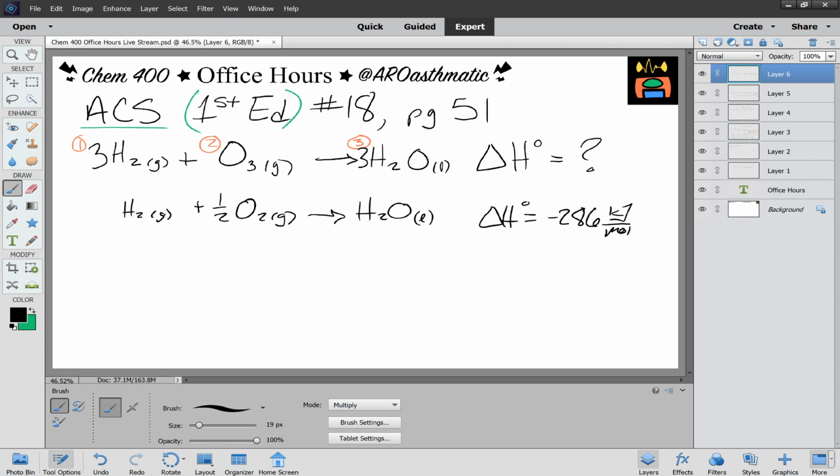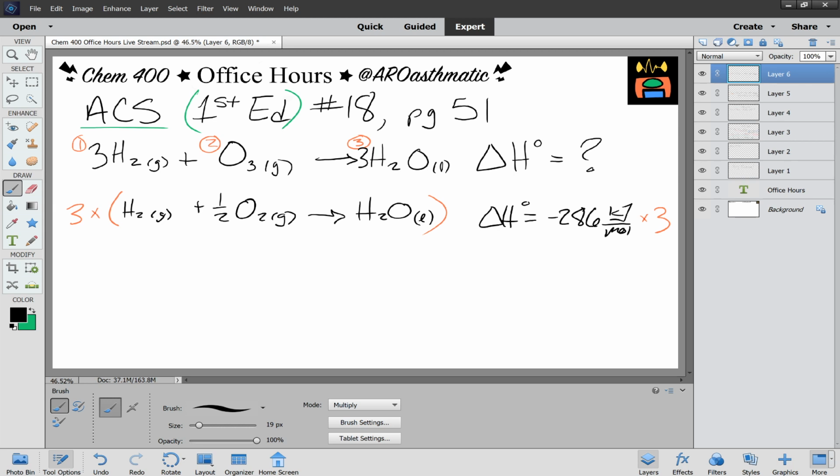I need to take this reaction and I need to multiply it by 3 so that H2 and H2O have the correct stoichiometric coefficients. And whenever you multiply your balanced chemical equation by a number, you multiply your value for delta H by the same number.